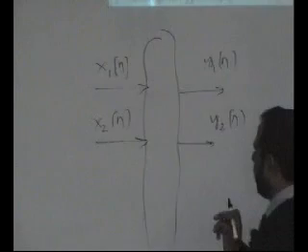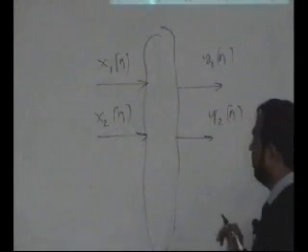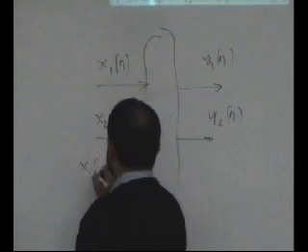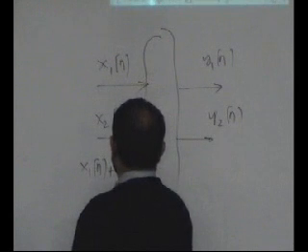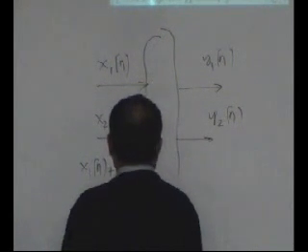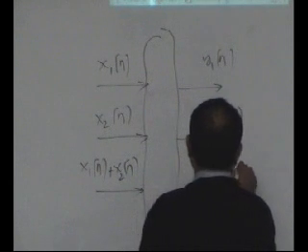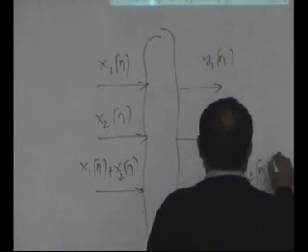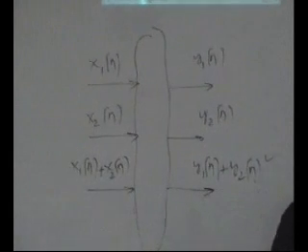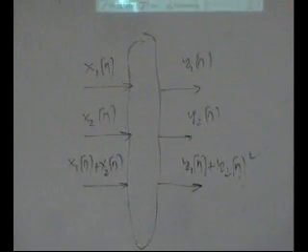Okay? So there are two parts to linearity. One is called additivity: you add them together, x1 of n plus x2 of n. So what you get at the output, if you get y1 plus y2, it obeys the first principle of linearity, that additivity is satisfied.